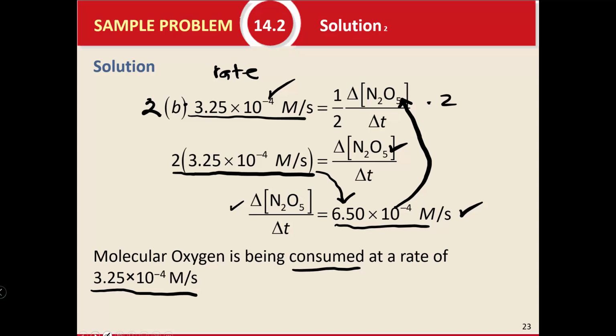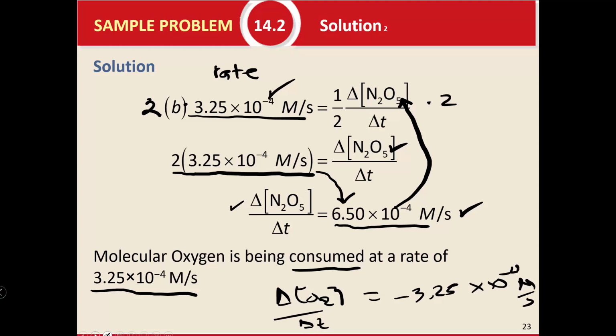But if somebody just said, give me the value of the change in concentration of oxygen over change in time, you would write negative 3.25 times 10 to the negative fourth molarity units per second. All right. The reason why we don't see the negative here is because they tell you it was consumed. So they're just looking for the rate. The consumption tells you that it would be a negative value if you wrote it down as a numerical value.